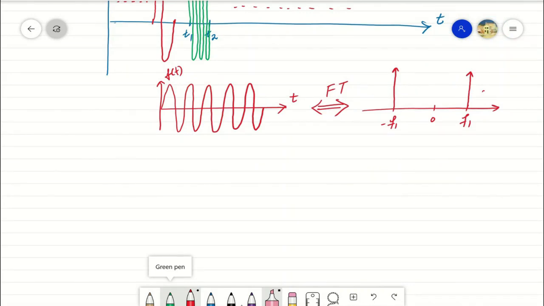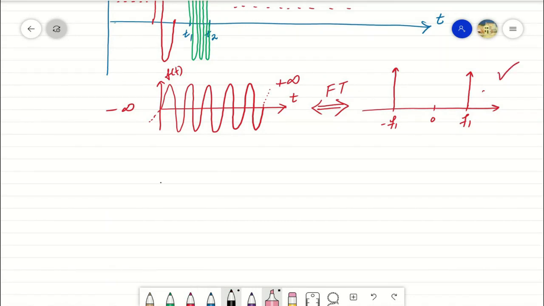This is true if the span of this sinusoid in time domain is infinitely large, that is, it is defined from minus infinity to plus infinity in time domain, then this definition of its Fourier transform being an ideal impulse signal holds.